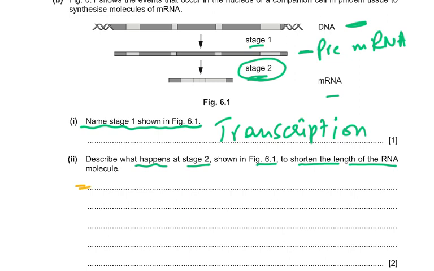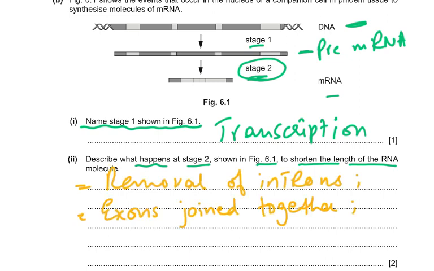So: removal of introns and exons joined together. Please remember, introns are the non-coding regions. You get this all mixed up and instead of introns you write exon. Well, that's all wrong. I can't give you marks for that.